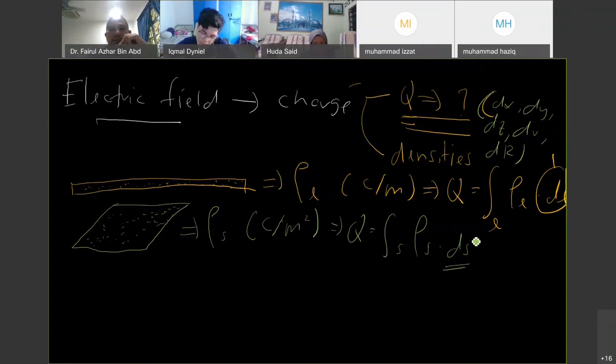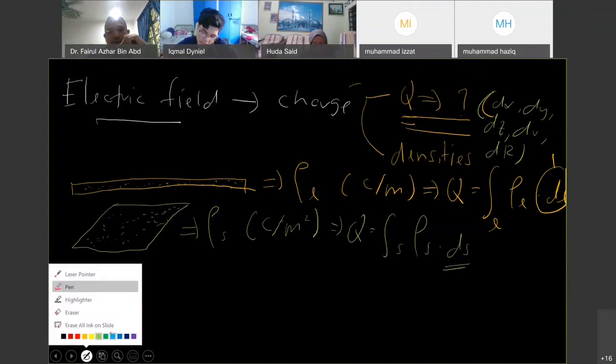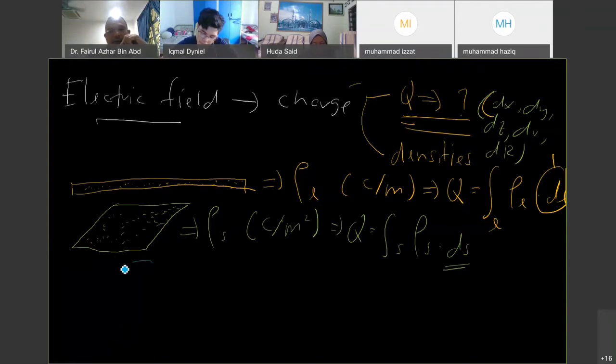All right, and the third one. Let's say we distribute our charge in a certain volume, in this case a cylindrical shape. In this case the charge is represented by volume density, and the unit is coulomb per meter cubed.